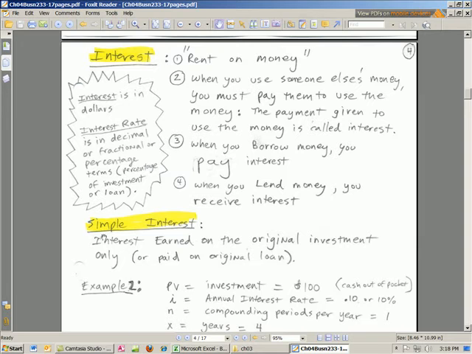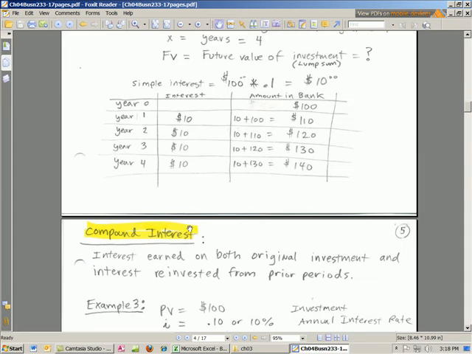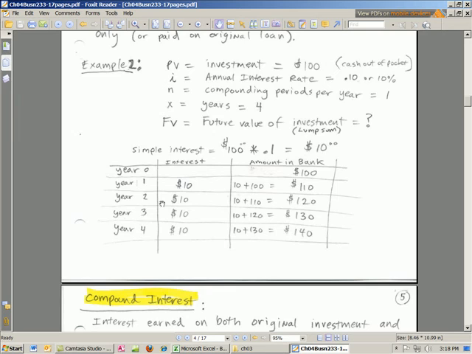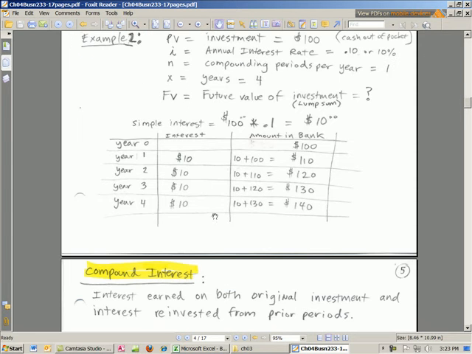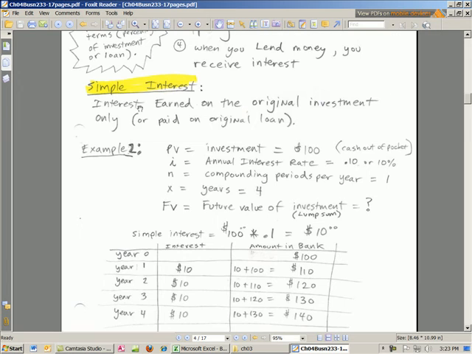Now we have to learn about the difference between simple interest and compound interest. It's more common that you'll see compound interest, although simple interest contracts do exist. Simple interest is interest earned on the original investment only, or paid on the original loan. So it could be the investment or the loan. That just means $100.